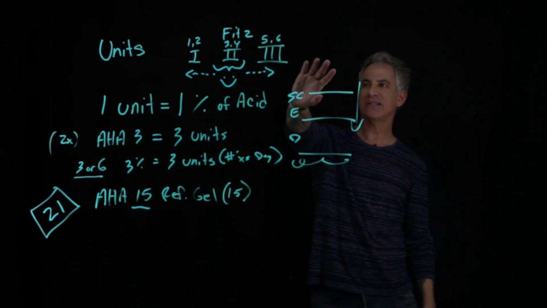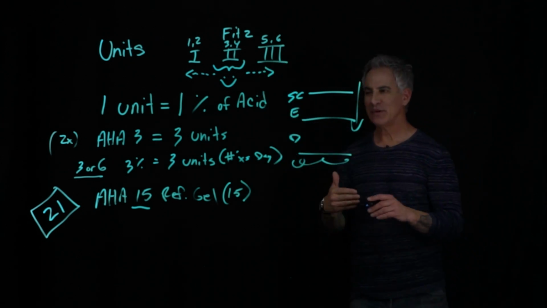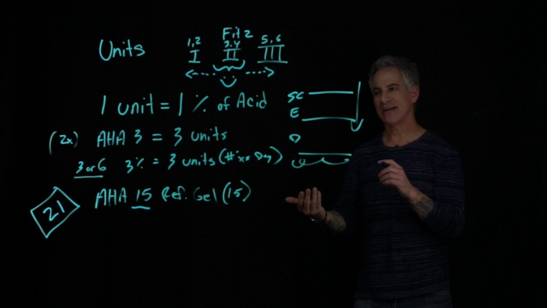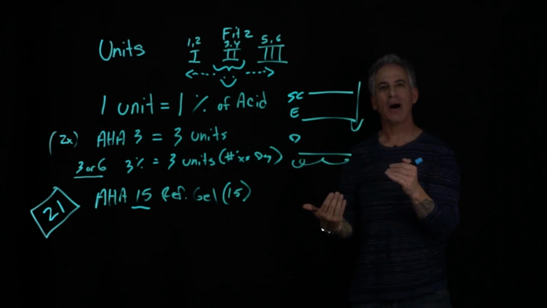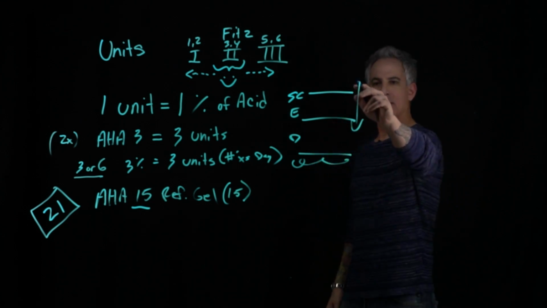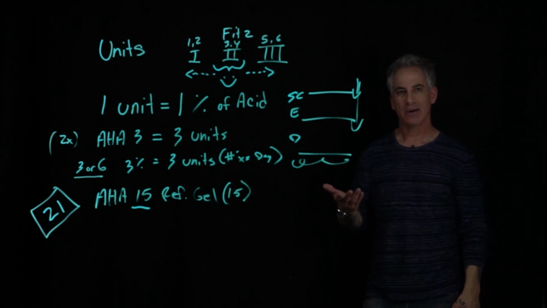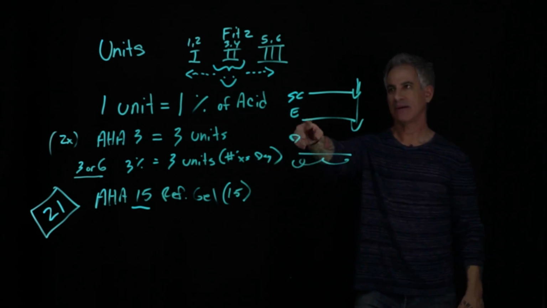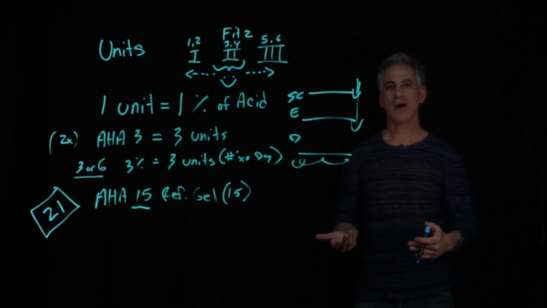And again, we're not even considering the Fitzpatrick scale yet. So if you look at what I've said and what I've done, I've taken the AHA15 off the cotton round because I already know how much exfoliation is going to happen, or the strength of the AHA15 on anything on the Fitzpatrick scale. So that's why I took it off the cotton round.